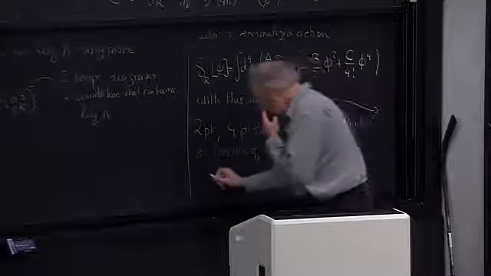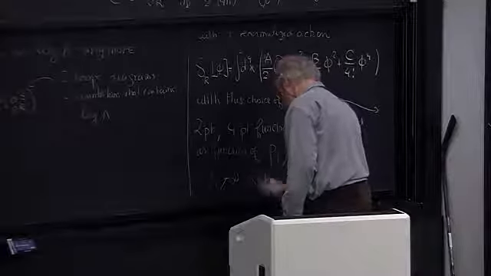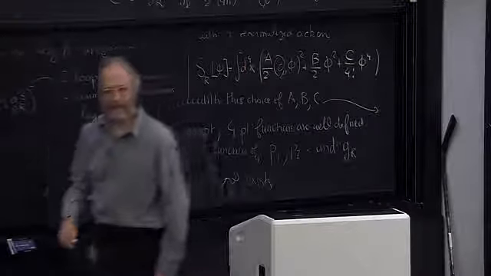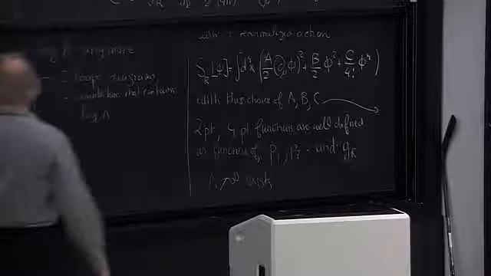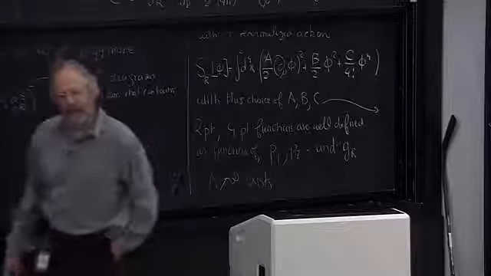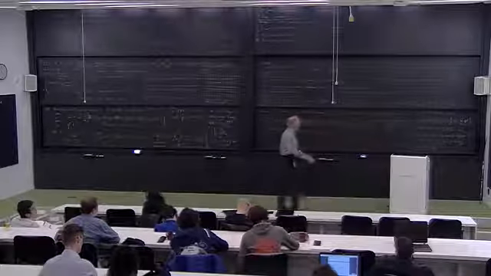And the limit lambda goes to infinity exists. You see? Because the 2-point function is always P squared, and the 4-point function now is given by this big integral where the ultraviolet cutoff is not there anymore. Okay.